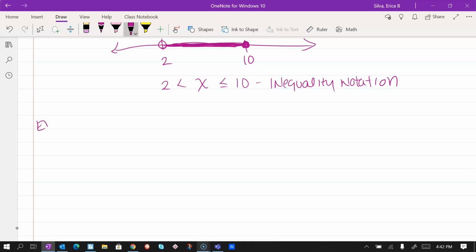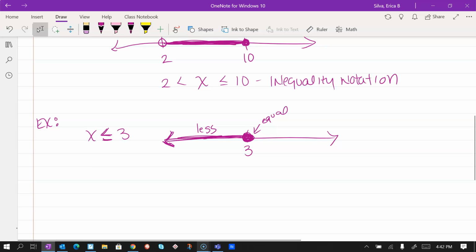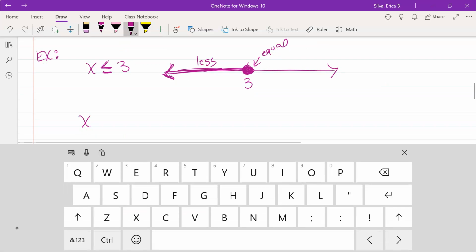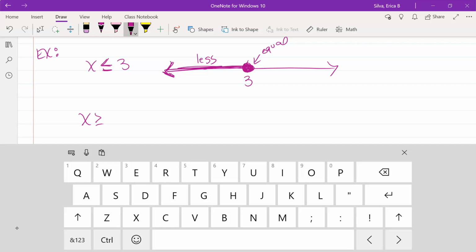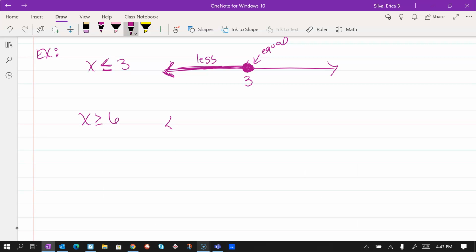Okay, let's look at another example. Let's say we have x is less than or equal to 3. On our number line, we've got 3. There's a line under it, so we have a solid point, which means it's equal. And x is less than is anything on the left side of that 3. Let's say we have x is greater than or equal to 6. So we've got 6. It's also closed.